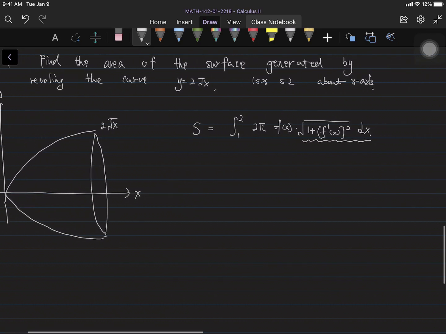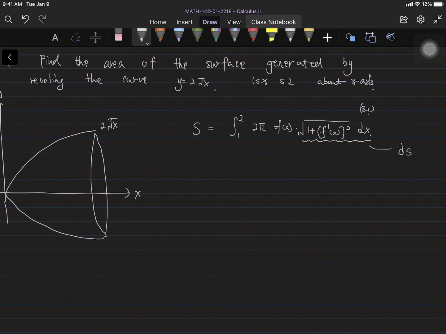In calculus 3, you will see sometimes we also make this into ds, which is a small part of the arc length, but here we can just use the arc length formula. Now let's plug in.